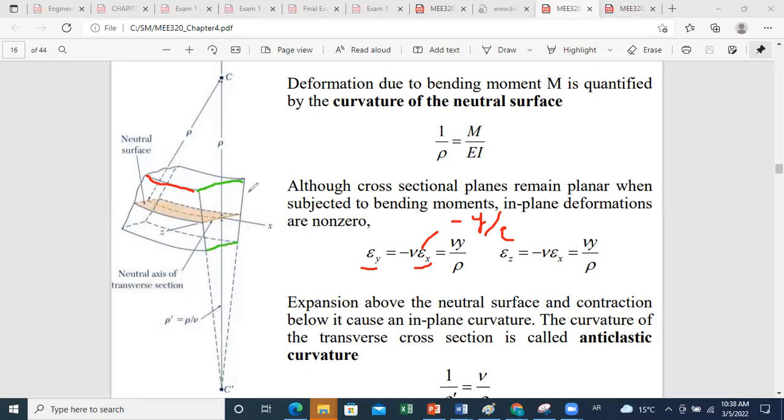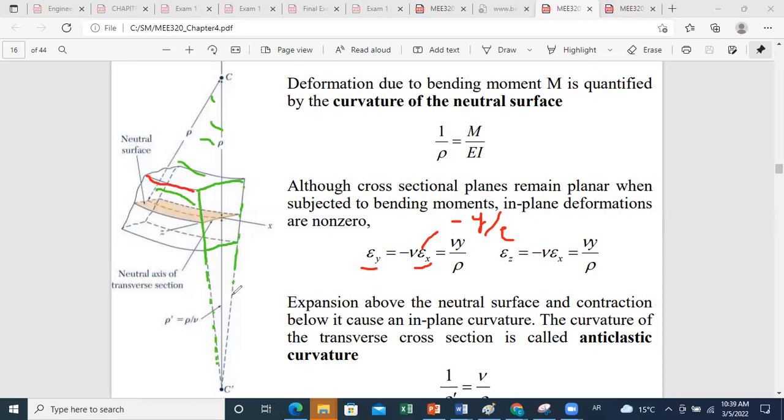And this means that what will happen here is that the center of curvature for this part will be on the upper level. However, the center of curvature for the transverse section will be on the lower level. And I can relate the radius of curvature of bending to the radius of curvature in the transverse section.